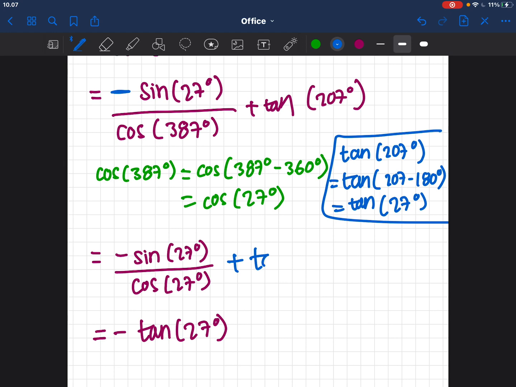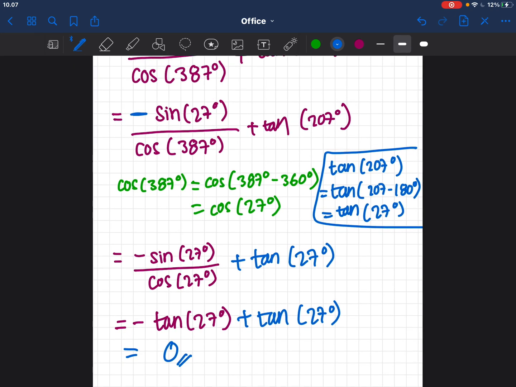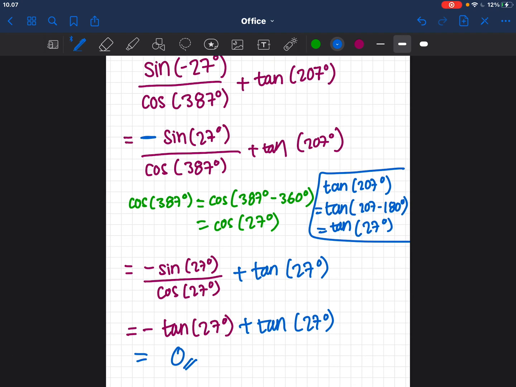Okay. So again, that's very convenient for us. That means we can combine them together. Negative tangent 27 plus tangent 27 is 0. There you are. Hopefully that's helpful. Again, if the angles are different, you either subtract 360 or 180. Okay? Alright, see y'all in class.